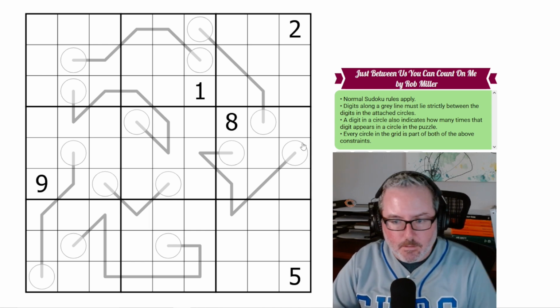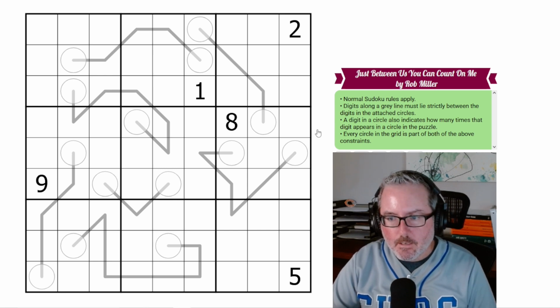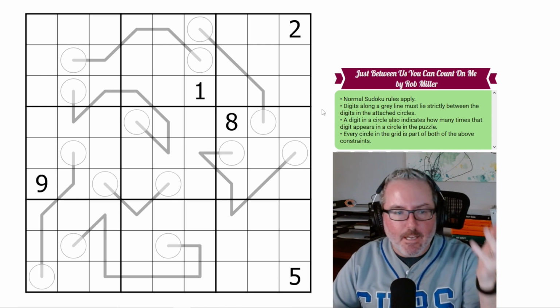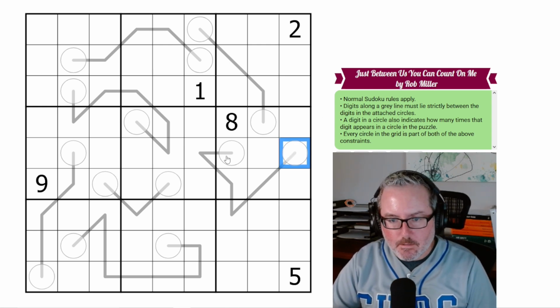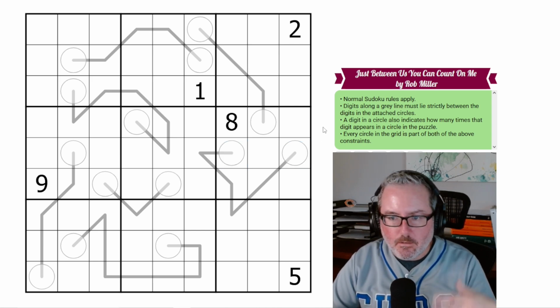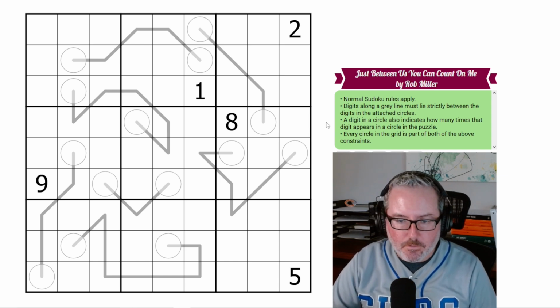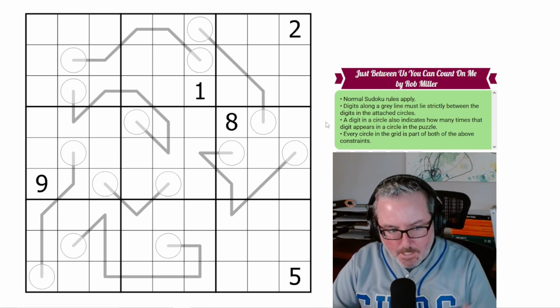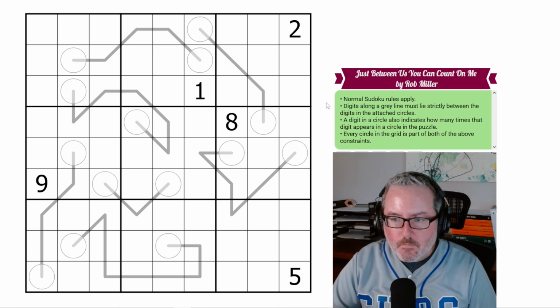Okay, I guess that just means that all these circles both adhere to the fact that the digit in the circle indicates how many times that digit appears in the circles and that they are part of in-between lines. Maybe that's just what it is, stating that it's not that some of these are in-between lines and some of them are digits that appear a certain number of times. That could just be what that's for. Anyway, I'm going to stop babbling because that's what I'm doing right now. And let's get started with this puzzle.